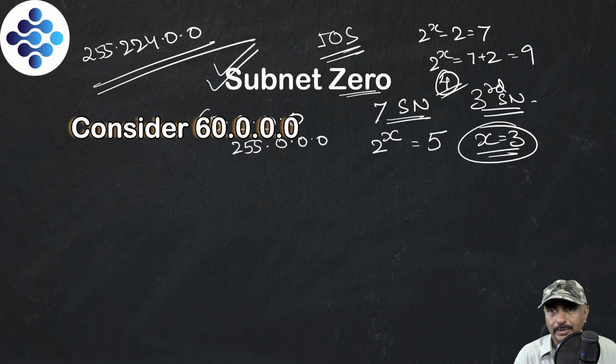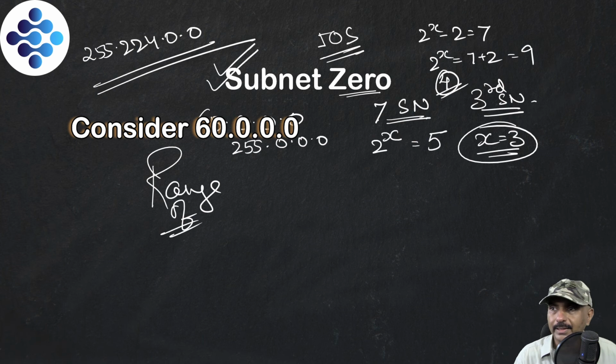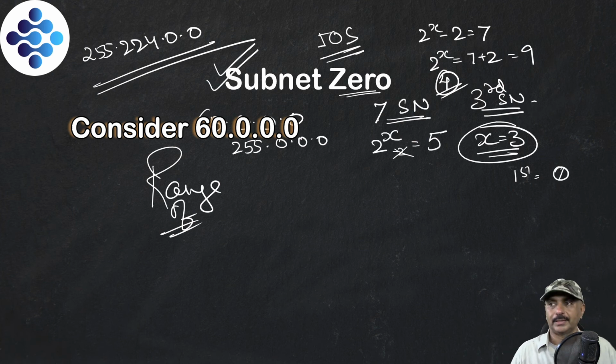But now we have to find out the range. The range of, over here it is written, the third subnet. Now when we are dealing with subnet 0, that is when we have not done minus 2, our first subnet would be the 0 subnet. Then the second would be subnet number 1. Then subnet number 2 would be the third one.